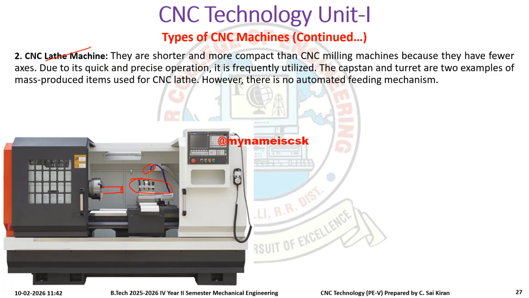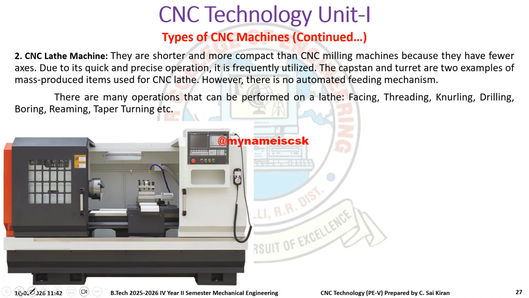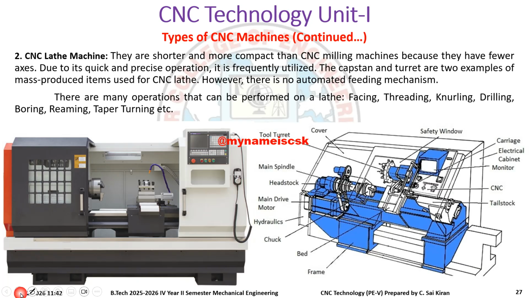This is the coolant, and we have to close this door before using it. Capstan and turret lathes are two examples. There are many operations you can perform on a CNC lathe machine, like facing, threading, knurling, drilling, boring, reaming, taper turning, etc., automatically.